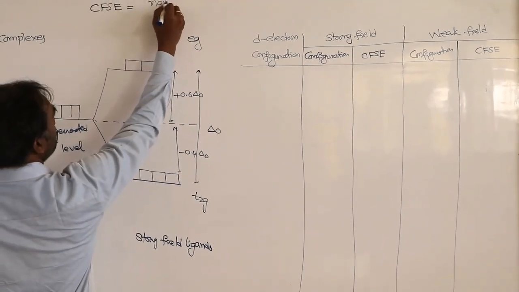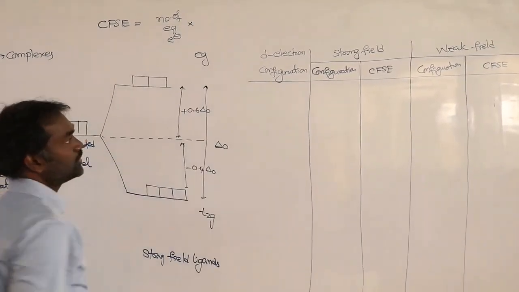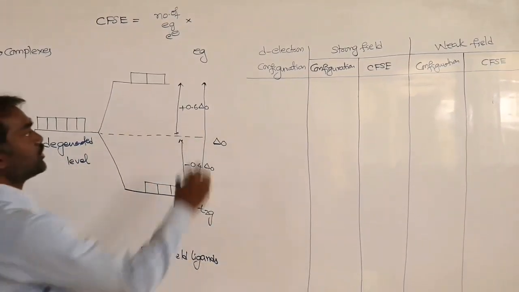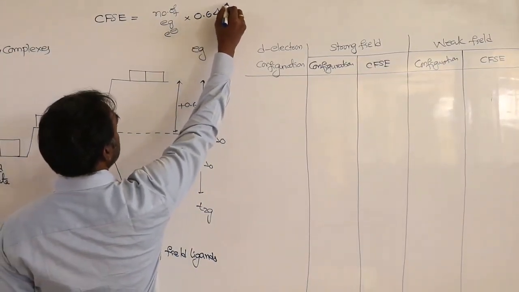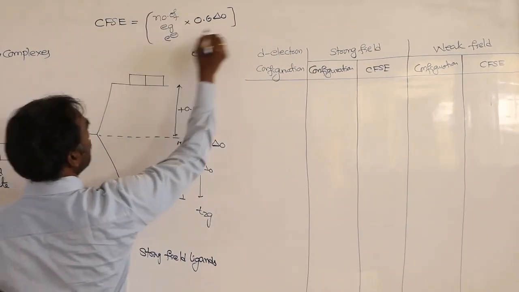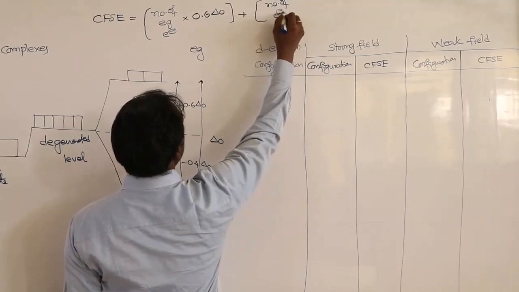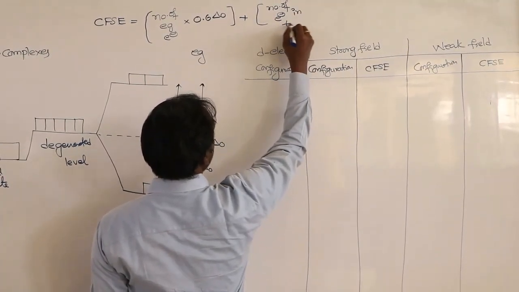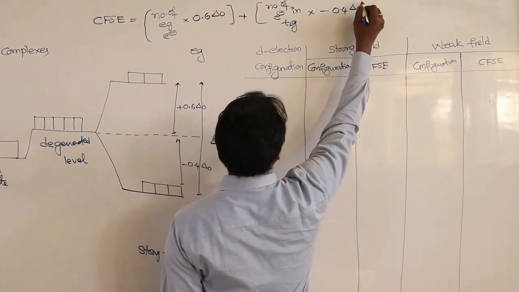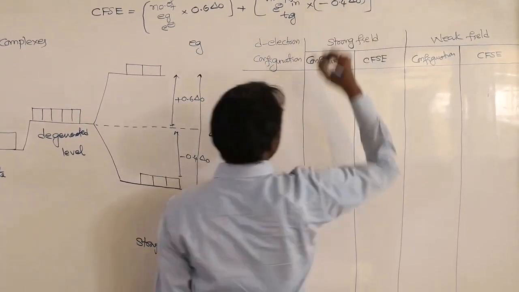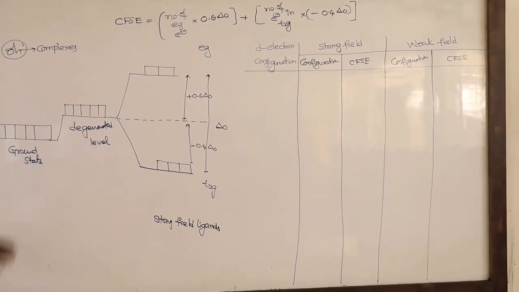So it is the number of EG electrons into 0.6 delta 0, plus the number of electrons in T2G into minus 0.4 delta 0. So already we discussed the CFSE value. Now what happens?